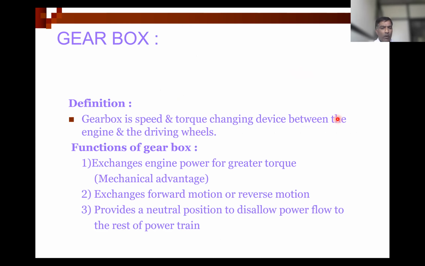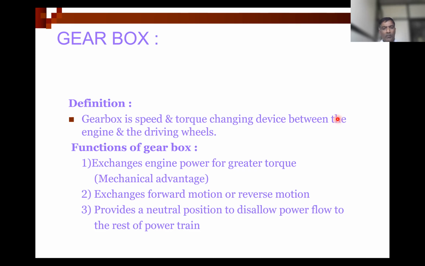In the gearbox, we can have different combinations to get a desired speed and the required torque, and that is possible by meshing different gears or just by shifting the transmission in various modes.